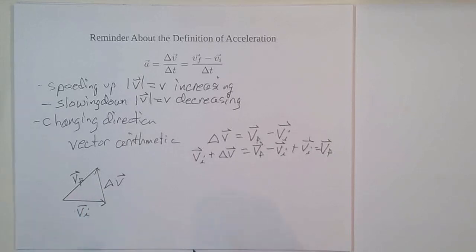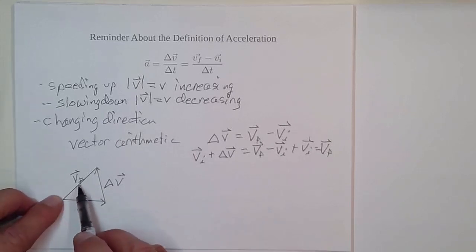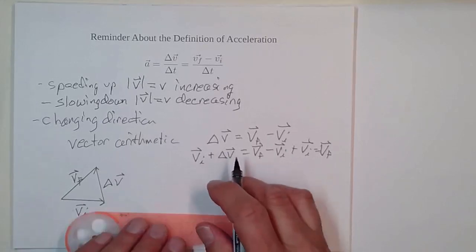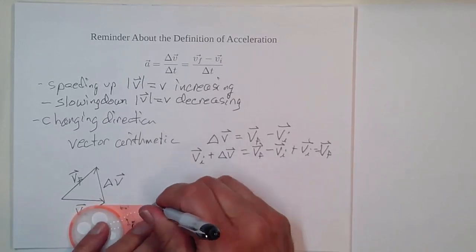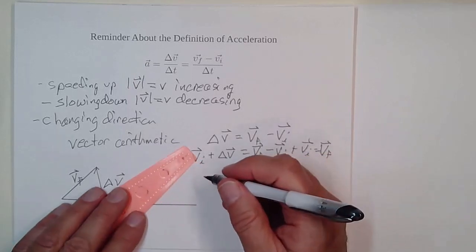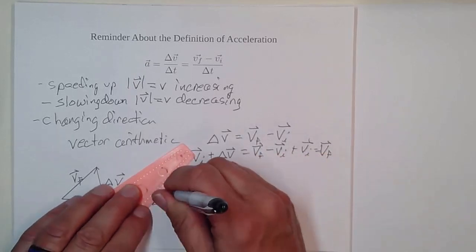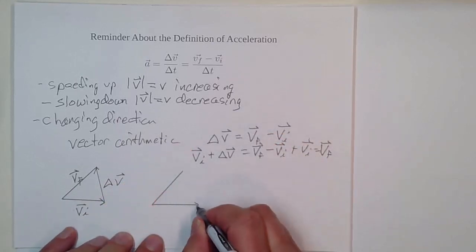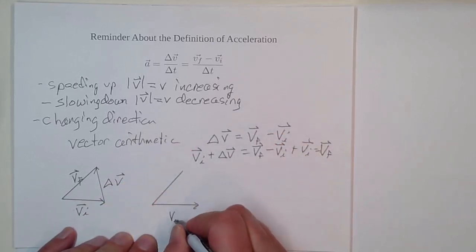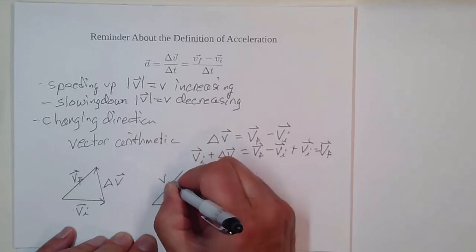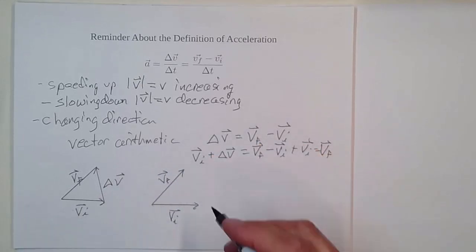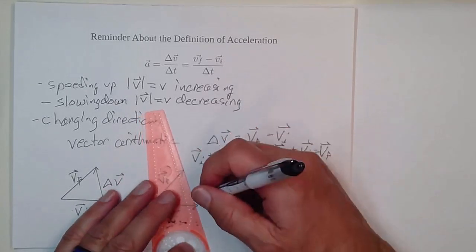Look at that. These two vectors, v final and v initial, have their tails together. We haven't done that before. I mentioned that when you add two vectors with their tails together, you get the difference between the two vectors. This is v initial, this is v final, and v final minus v initial is delta v.